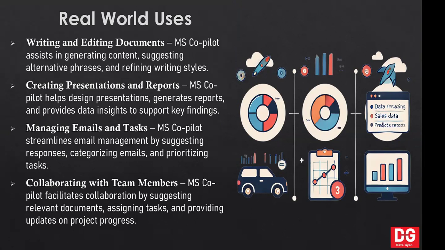With Copilot's assistance, you can generate content for your presentation, refine your writing style for the press release, and even get suggestions for alternative phrases. It can also help you design your presentation, provide insights to support your key findings, and streamline your email management by suggesting responses. And it even categorizes emails accordingly.